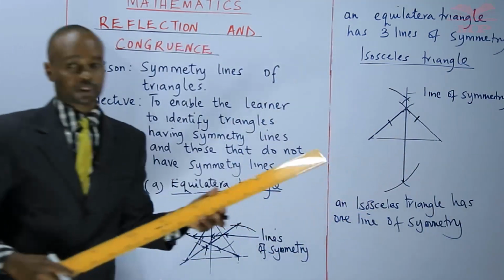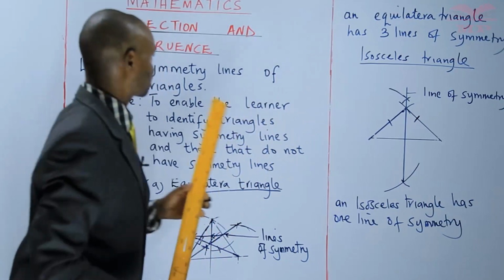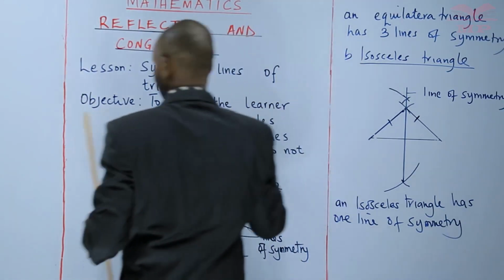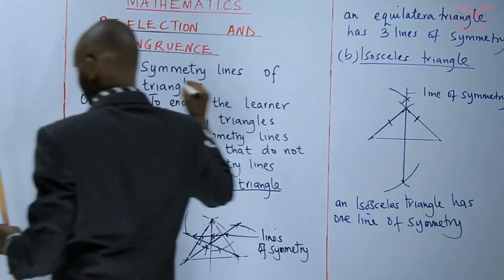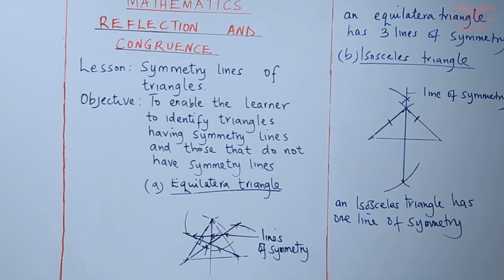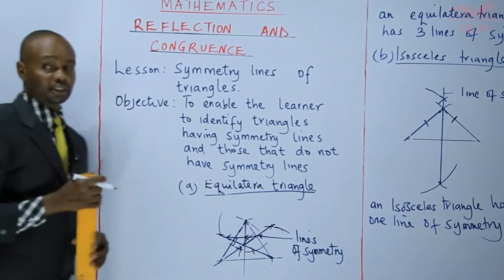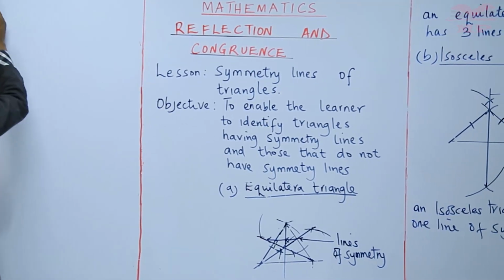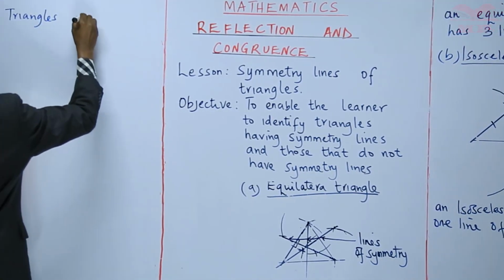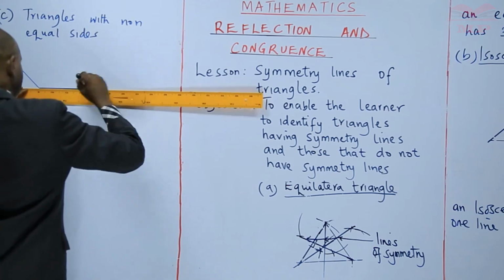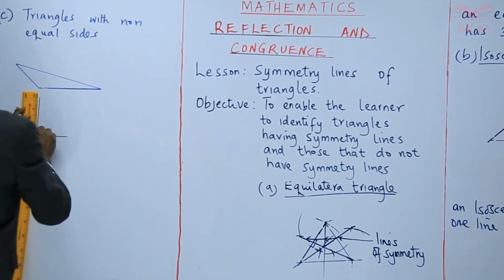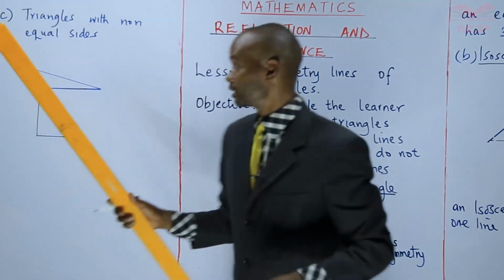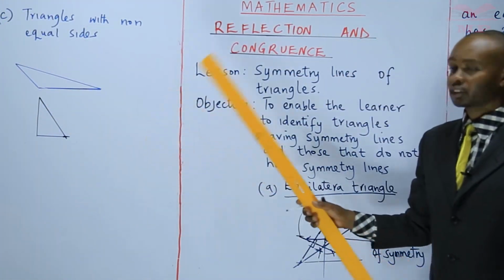So we move to the last triangles where none of the sides are equal. So that is C. When we move to C, learner, we are talking about triangles where none of the sides is equal to each other.